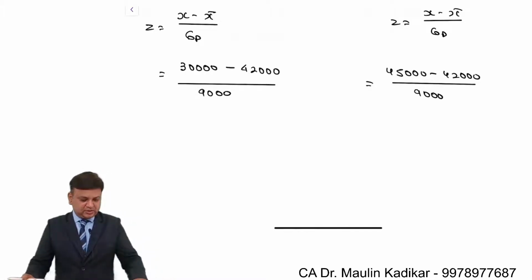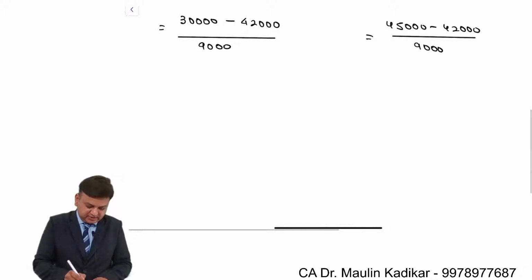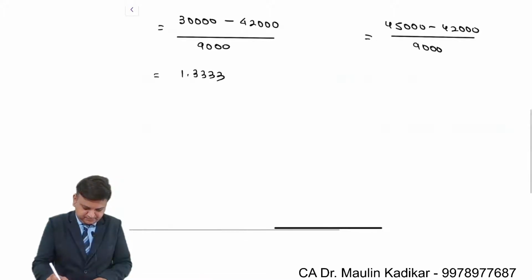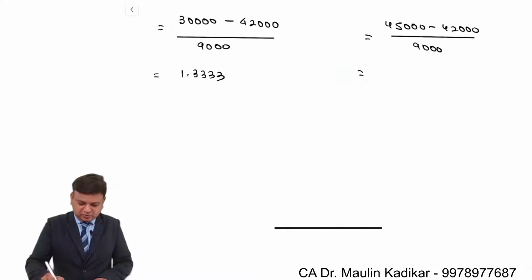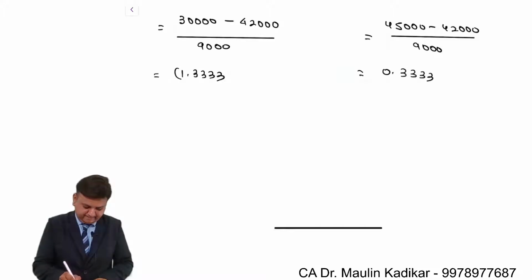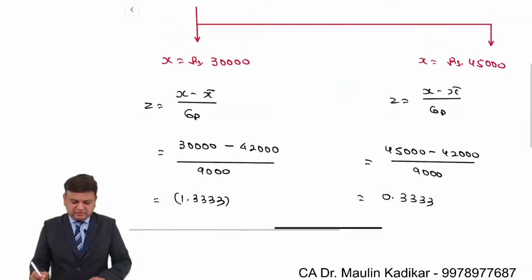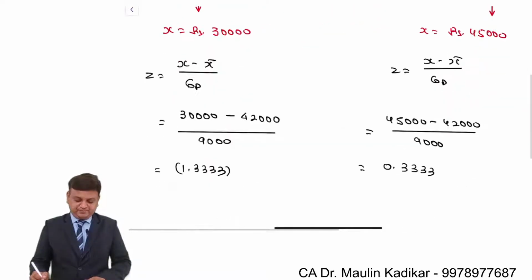So now over here, 30 minus 42 divided by 9,000 comes to minus 1.3333. And 3 divided by 9 comes to 0.3333. That is the way, first of all, we are required to find the Z value.